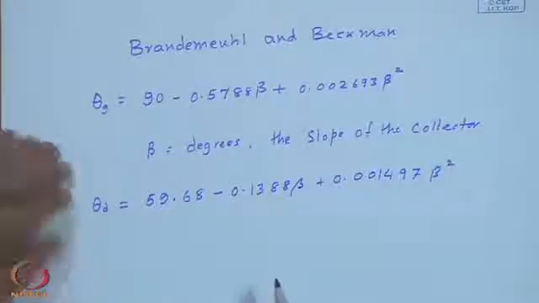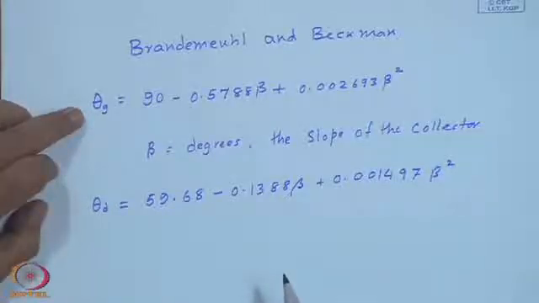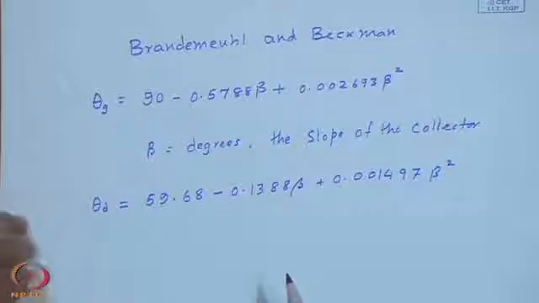Now, if you see the ground reflected radiation theta g, if beta equal to 0, this theta g will be 90 and making the tau alpha g 0. That means, if beta is equal to 0 is a horizontal surface, so there will be no ground reflected radiation falling and also the consequent transmittance absorptance of that radiation.